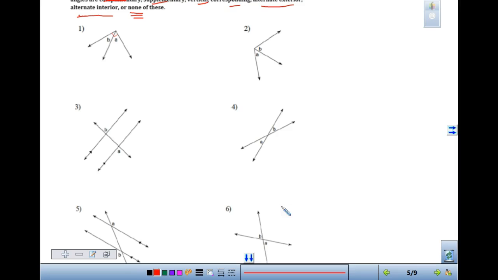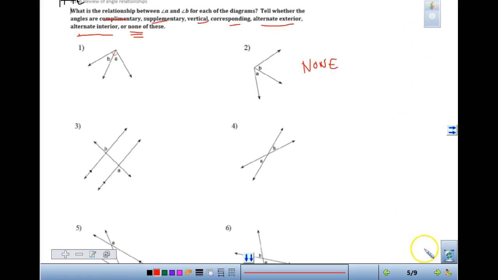So, in 1 through 6, Nick, what were you guys thinking? Number 2 is a none. The angles are right next to each other, but it doesn't make 90, it doesn't make 180, so it is none. You are using those words that are listed up above as you do this page.